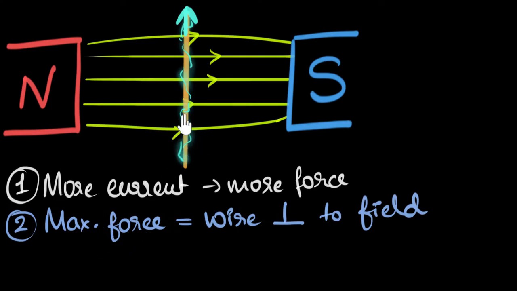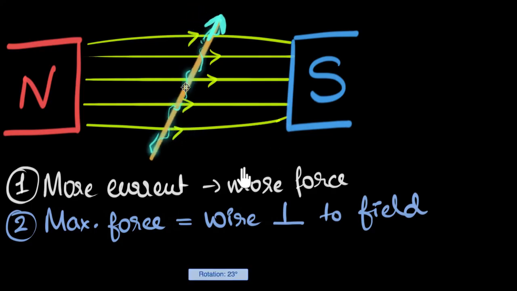So right now, the force on this wire is maximum. But if you were to place the wire this way, then even though the current is the same and everything else is the same, the force will reduce because the angle has decreased. This is very important, and this is not at all obvious. But experiments show us that.